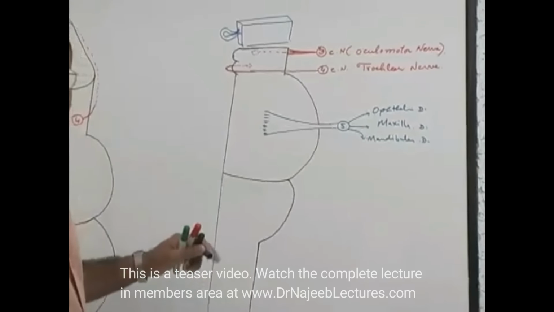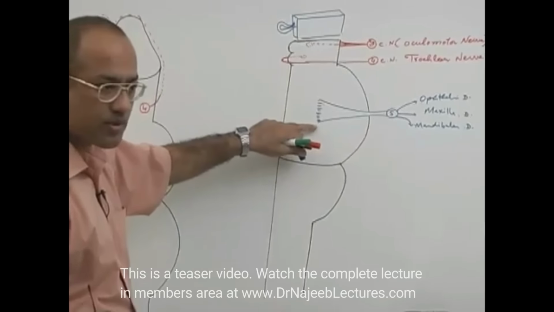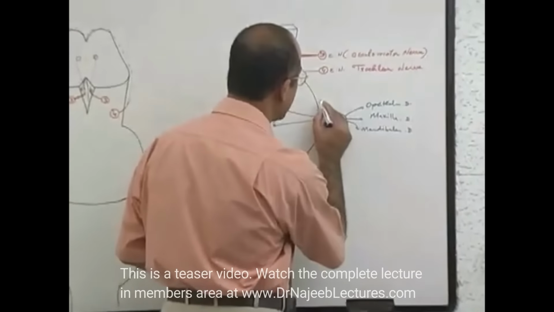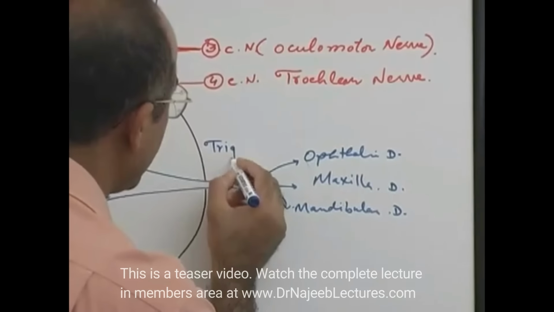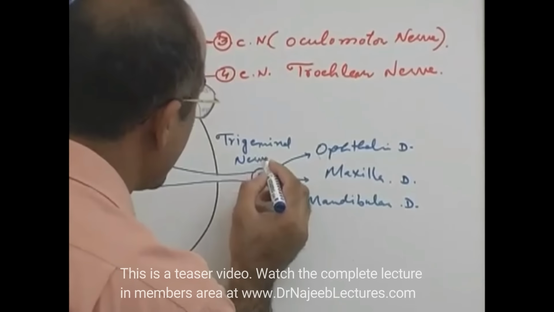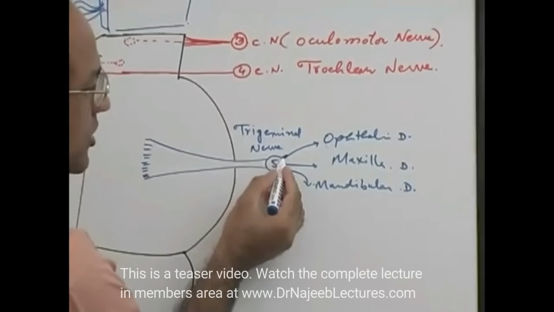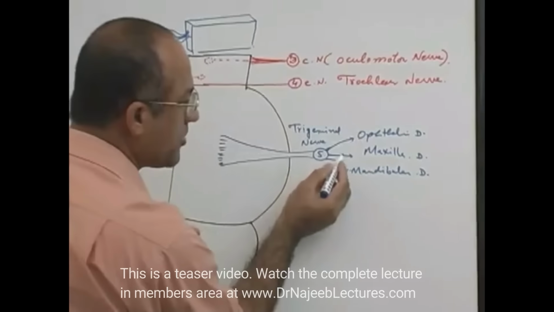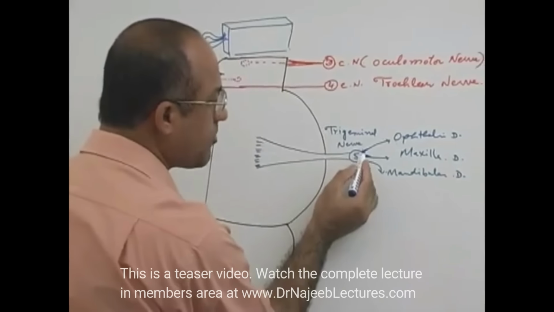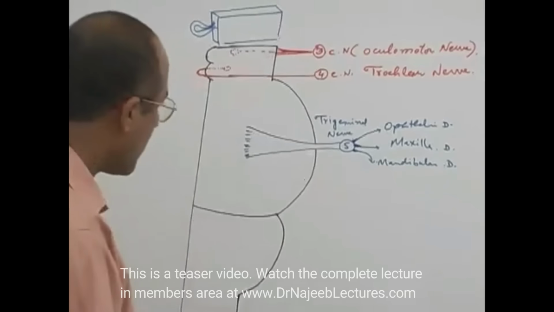So this is which nerve? Fifth cranial nerve, or we also call it trigeminal nerve. Why do we call it trigeminal nerve? Because tri means three, gemini means twin or root. It has ophthalmic, maxillary and mandibular, three divisions. So it has tri-part, so we call it trigeminal nerve.